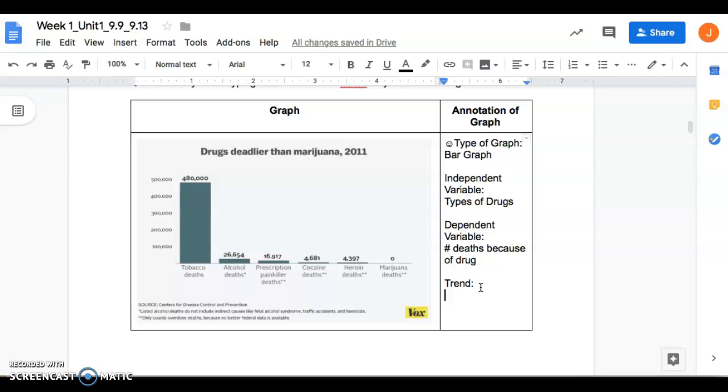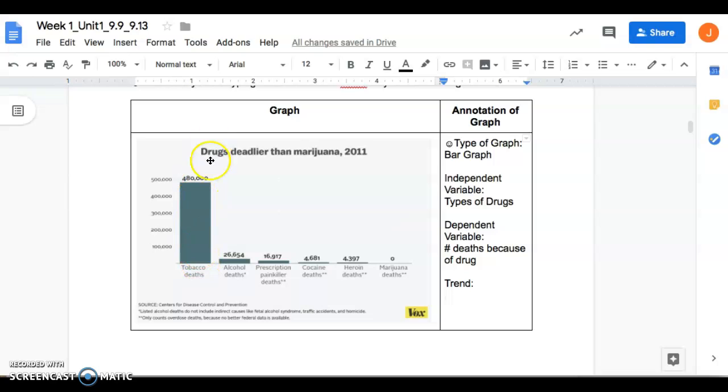My trend. Trends are just the story that the graph is telling. There are so many trends that can occur in a graph. You can pick out different things, especially with graphs that show multiple things. So this shows multiple columns. The trend that I'm going to go for is normally the most blatant, the most obvious.